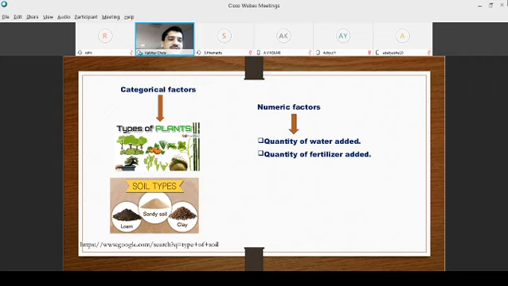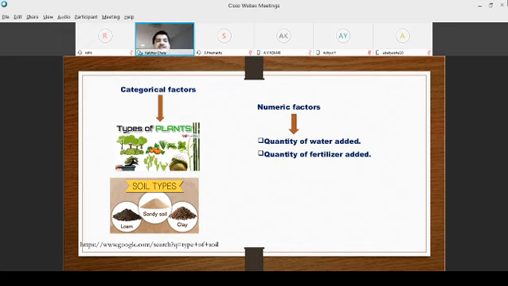That depends on the type of the soil. That means this is the categorical factor. Quantity of water to be added on a daily basis is going to be the numeric factor. Quantity of fertilizer to be added for growing that crop is going to be the numeric factor.